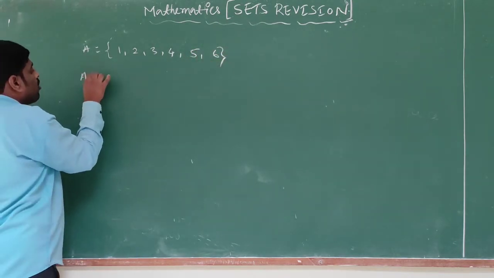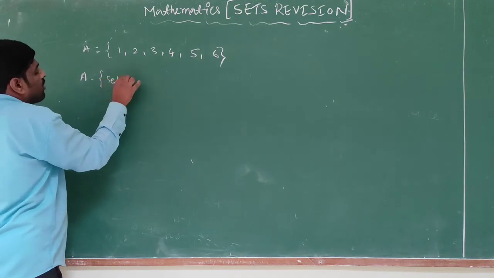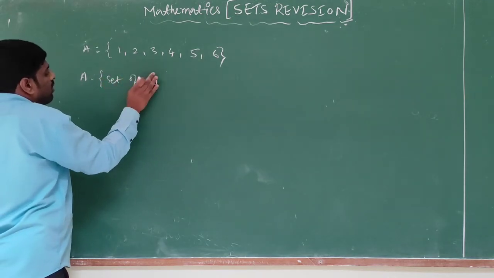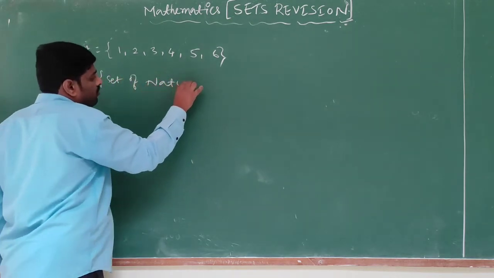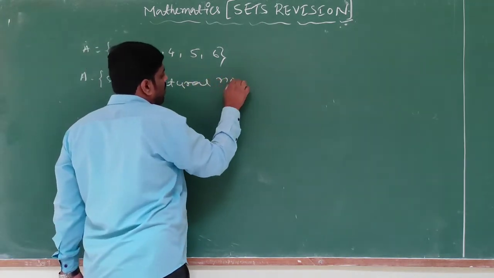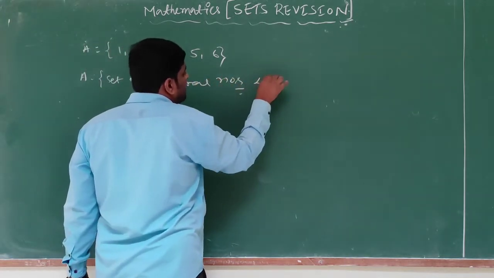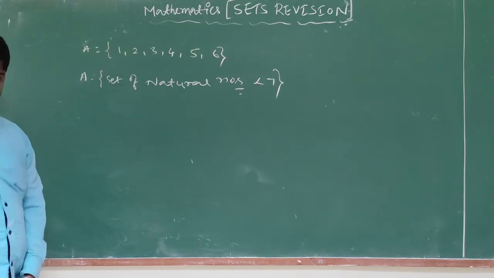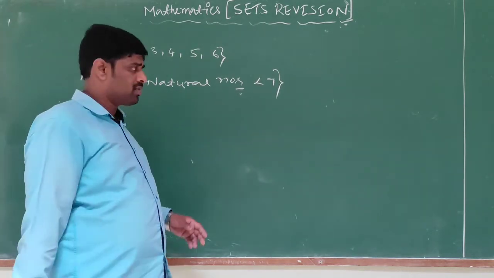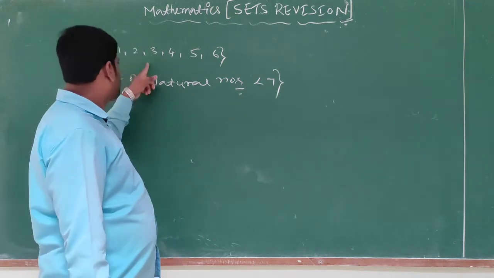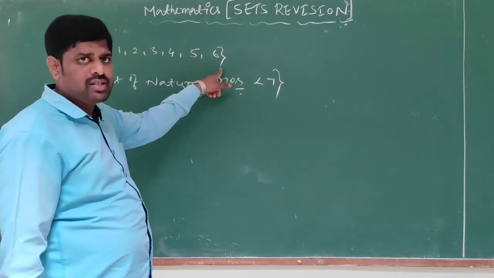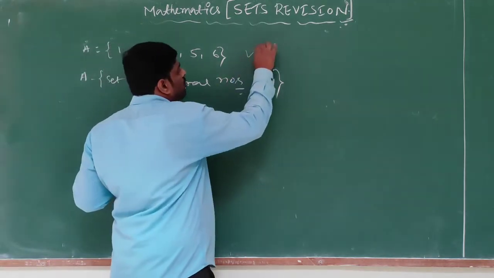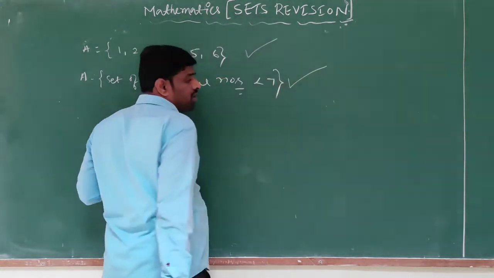We should write in rule method as the set of natural numbers less than 7. What are the natural numbers less than 7? 1, 2, 3, 4, 5, 6. So this is roster form, this is set builder form.